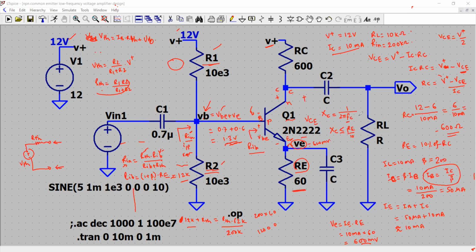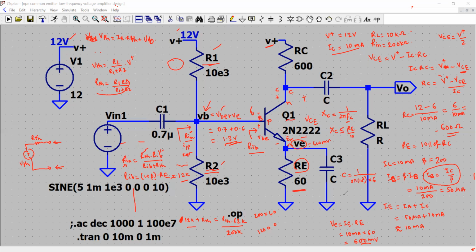For example, let's say your frequency is 1 kilohertz. That's much better. So C would be 1 over 2 pi into your frequency of operation, 1K, into 6.